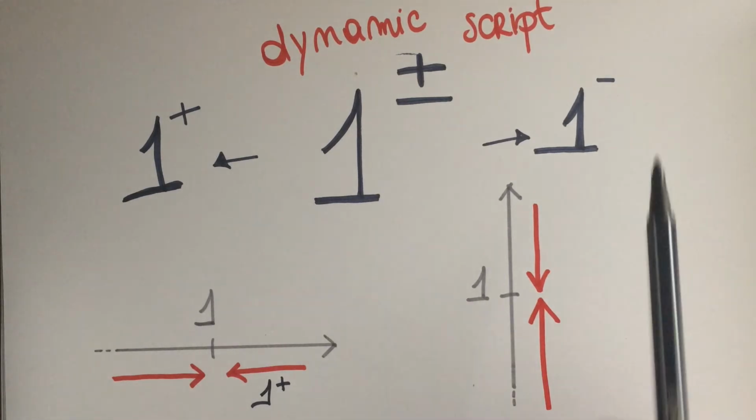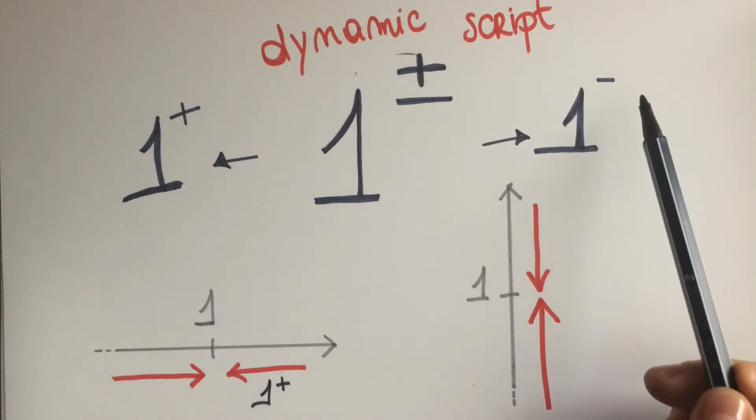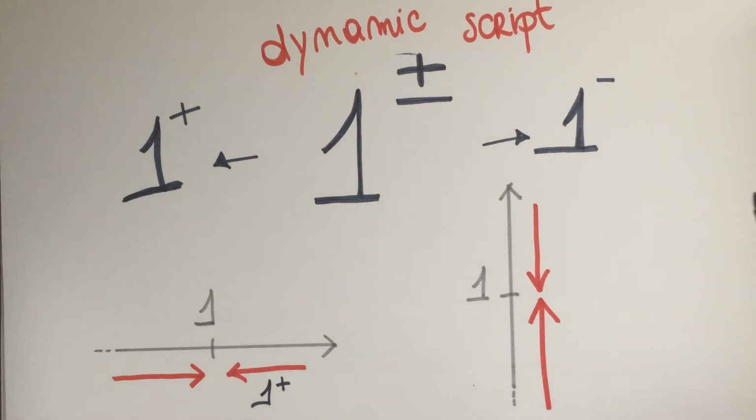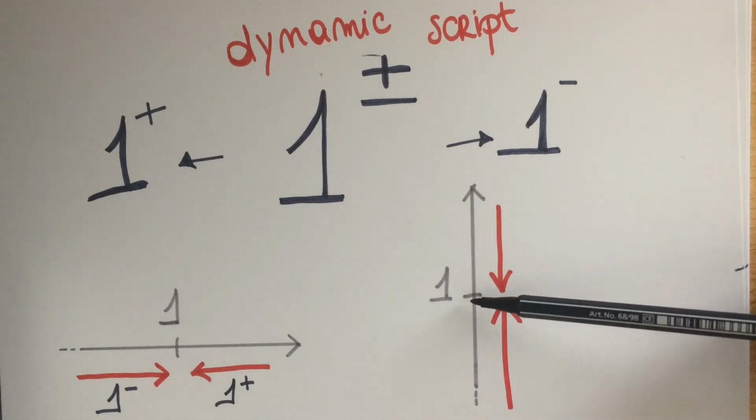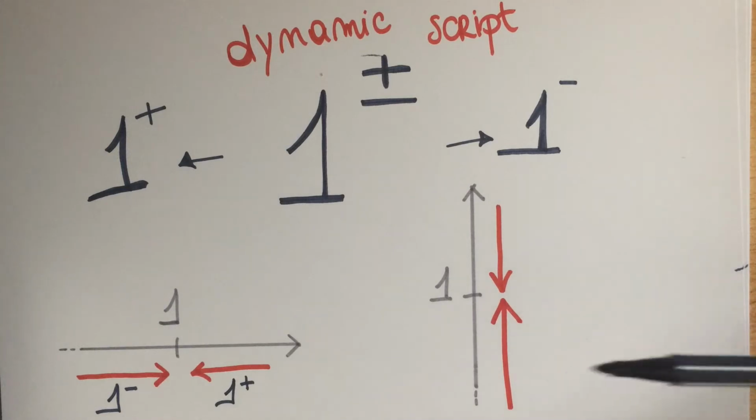While when we write this script, which has to be read as 1 from the left, we are describing a movement which is approaching our point 1 from the lower value to the point itself. The same thing goes if our line is oriented vertically like this one, and here there is our point 1.